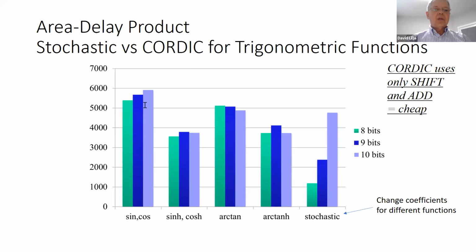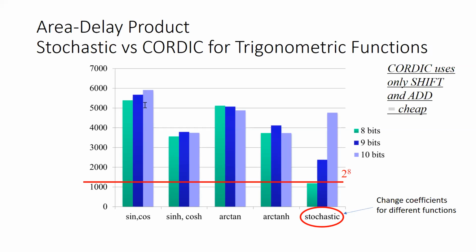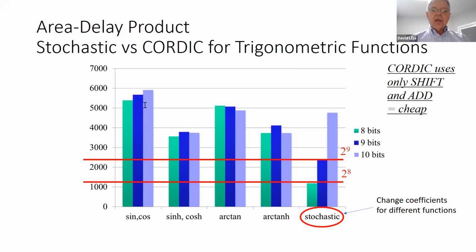And this shows the area delay product for these CORDIC trigonometric functions and the stochastic function. If I have 8 bits, so I have 2 to the 8th resolution of precision on this, then the stochastic implementation wins in the area delay product. If I go to 9 bits, the stochastic implementation still wins.